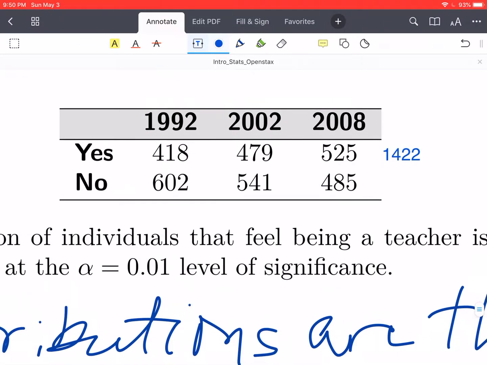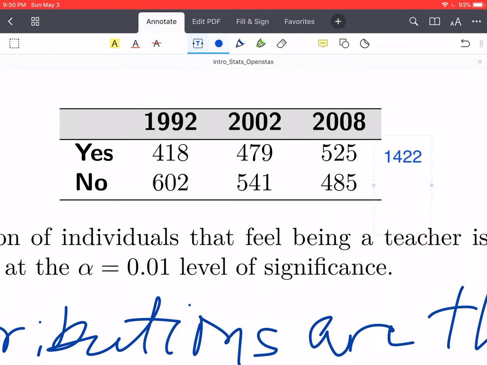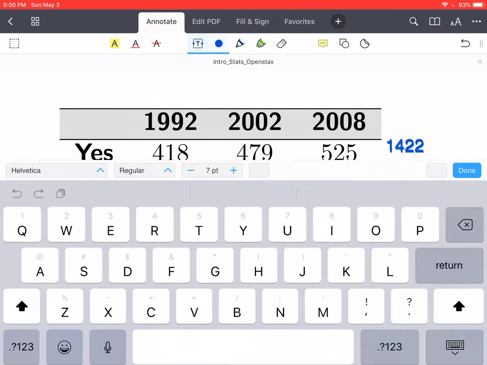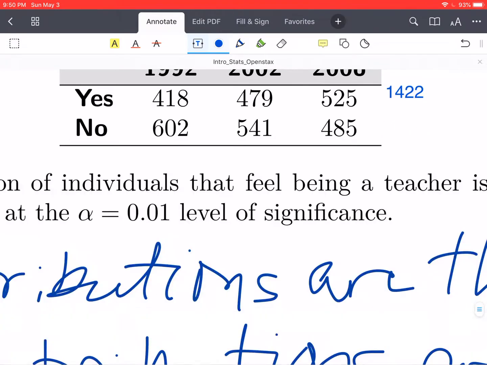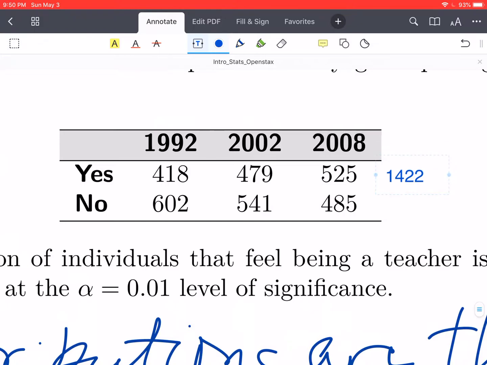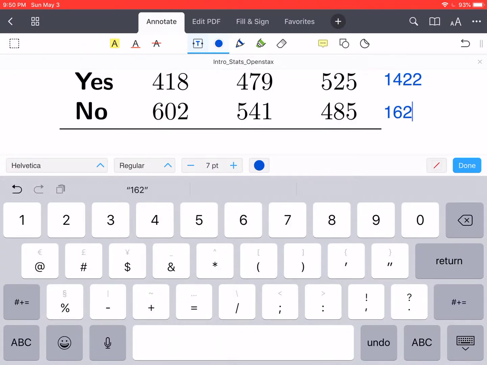If we add up the row beneath it, sorry about that, let me just, that's better. There we go. That row total we get is 1628.